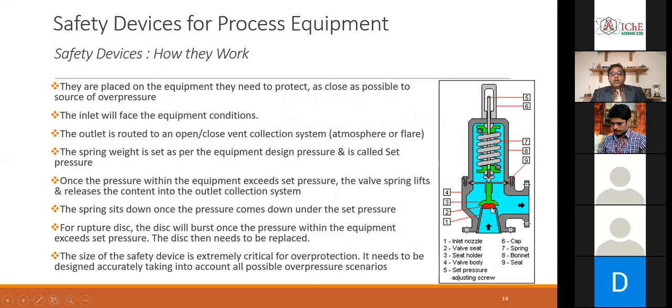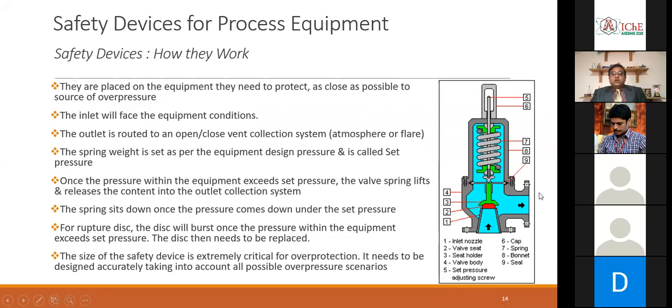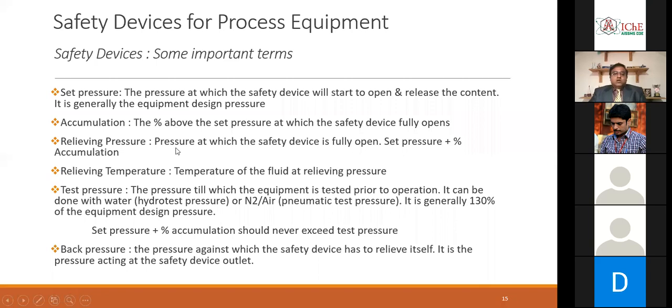As soon as the pressure from the vessel exceeds the design pressure, which is equal to the weight applied here, this will lift and get released. And as soon as it is released, the pressure will come down and it will sit back. That's why set pressure is a very important thing.